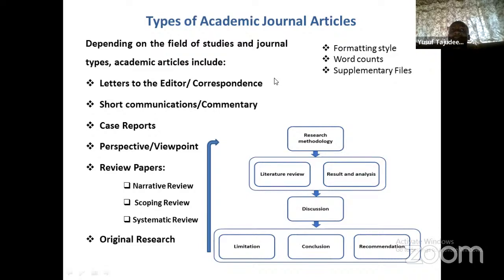Short communication is a kind of paper that you write to show new findings. If you conduct a research and you are able to get new findings about maybe a particular topic of interest or any trending issues, any particular societal or public health threat, you write a short communication.